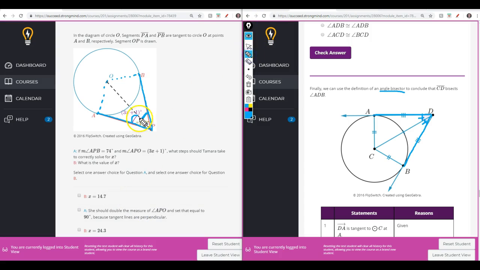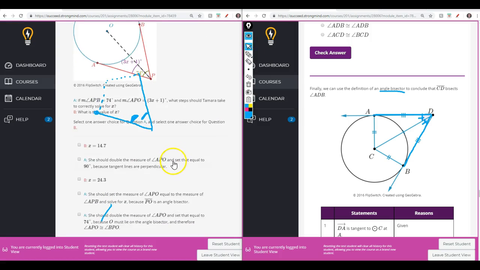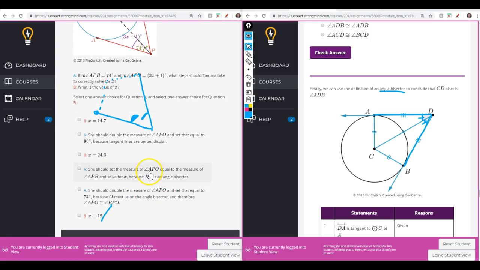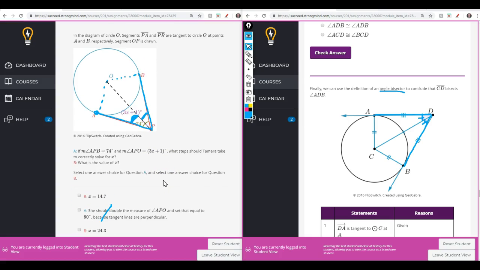APO, though, is this angle right here, and the tangent line angle would be created by OAP. It would be occurring right here, so that one's not true. She should set the measure of angle APO equal to the measure of angle APB and solve for x because segment PO is the angle bisector.